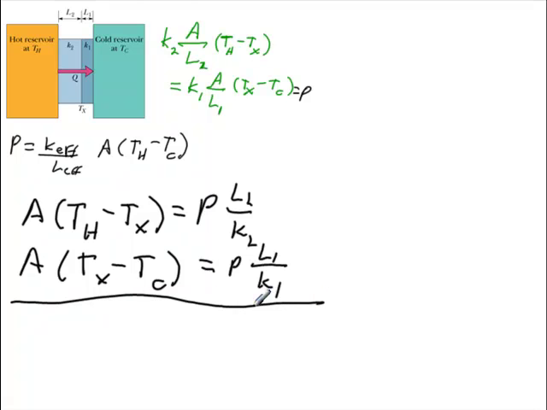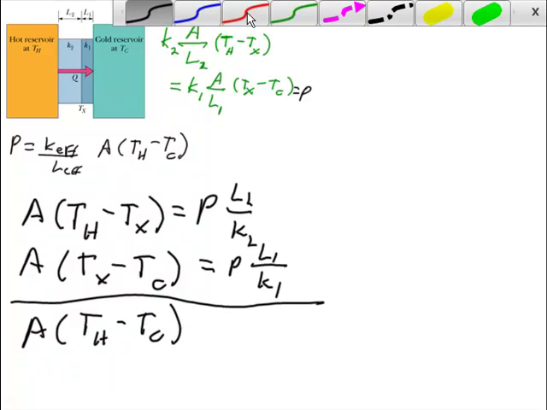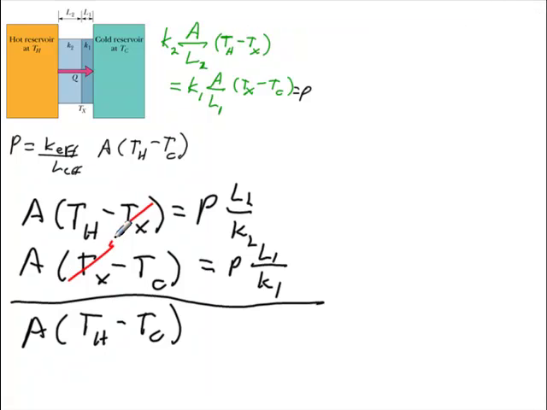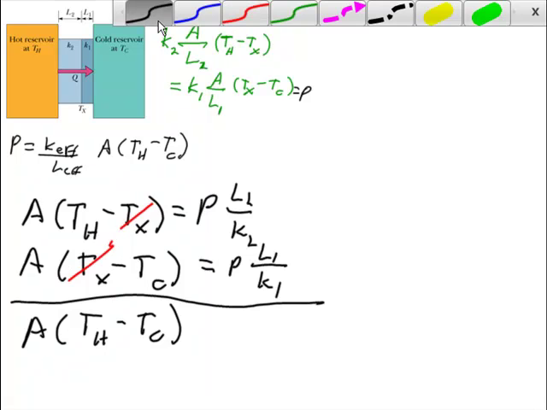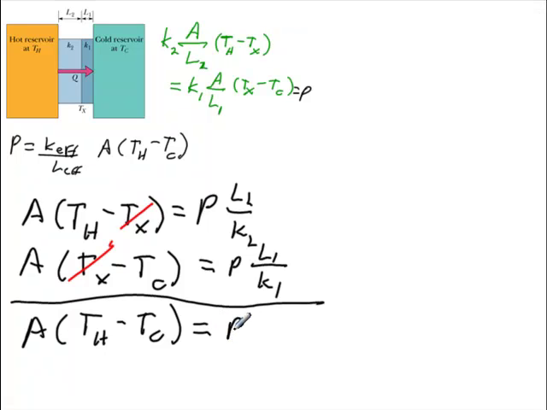If I add those together, I get A times T hot minus T cold, because the x's cancel out, is equal to power times L2 over K2 plus L1 over K1.